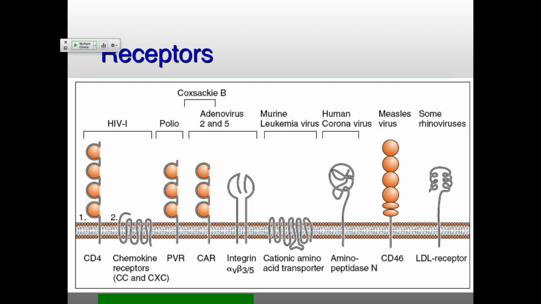Let's talk a little bit about some of the receptors. So the receptors, again, these are all cellular proteins that are involved in some other cellular process that has nothing to do with the virus and the virus infection process. Not surprisingly, all of these extracellular molecules that are used as viral receptors have some other kind of job.